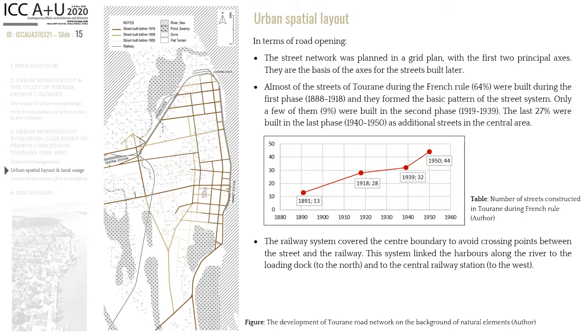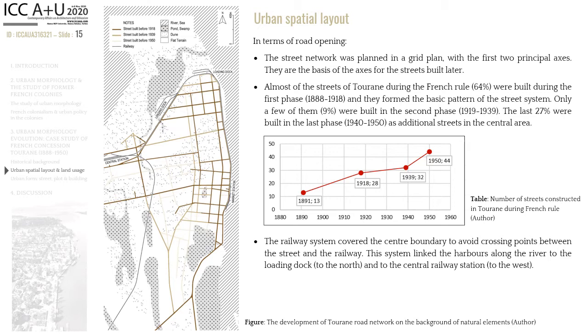The street network was planned in a grid plan with the first two principal axes. The north-south axis connects the city center to the south and the east-west axis connects the city to the west. They are the basis of the axes for the streets built later.